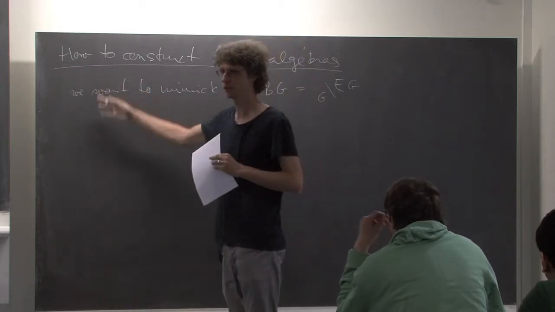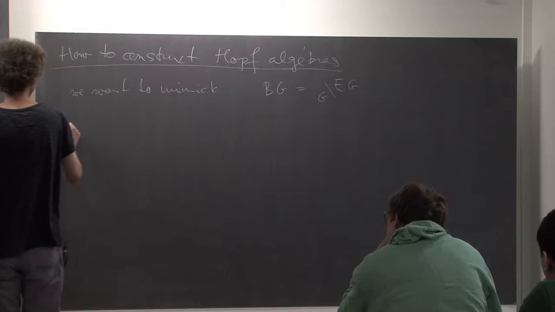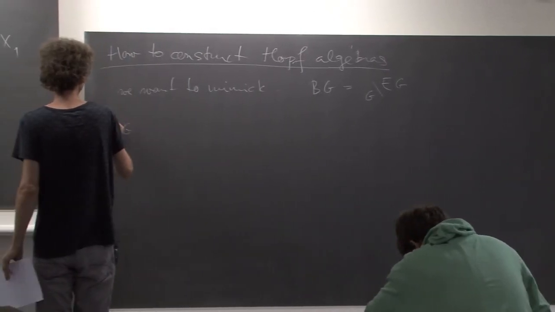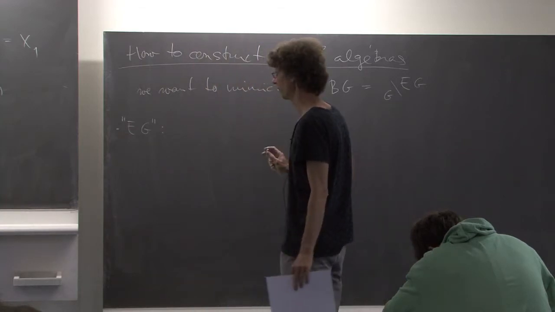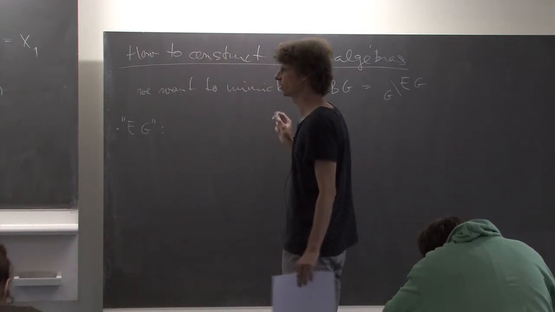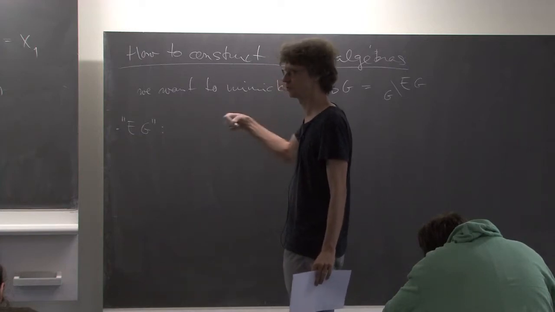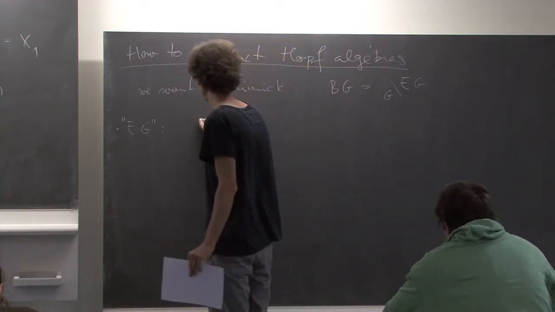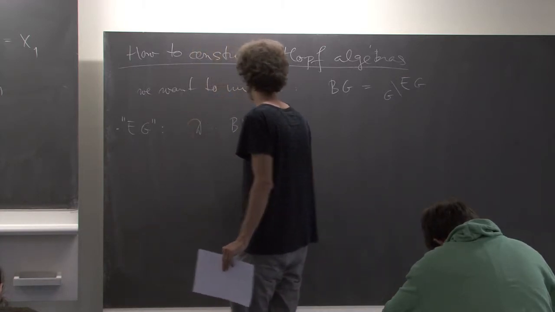Let me write down the setup, and there will be a theorem. But first, EG. We need to choose the category in which we work, and in the end, I want to use C for some other category. So let's start with D, which is a braided monoidal category.